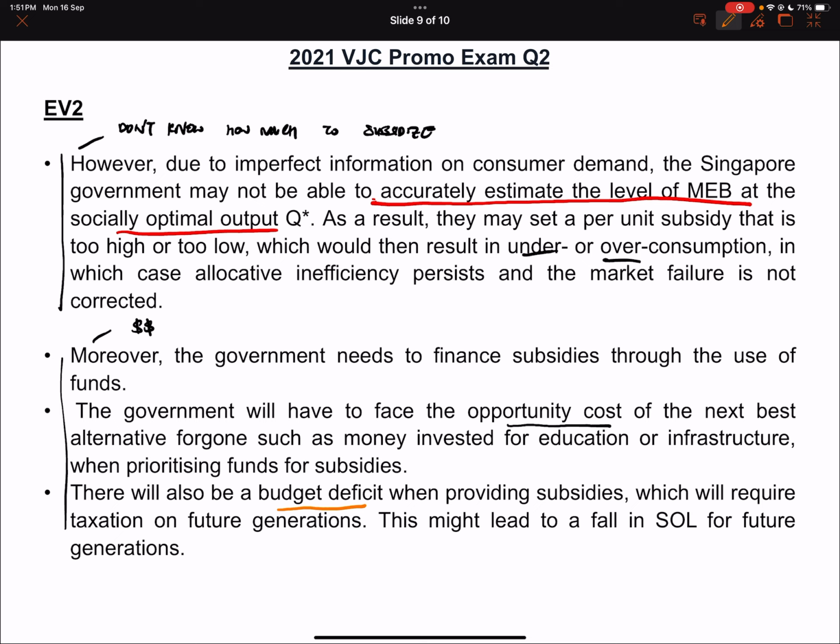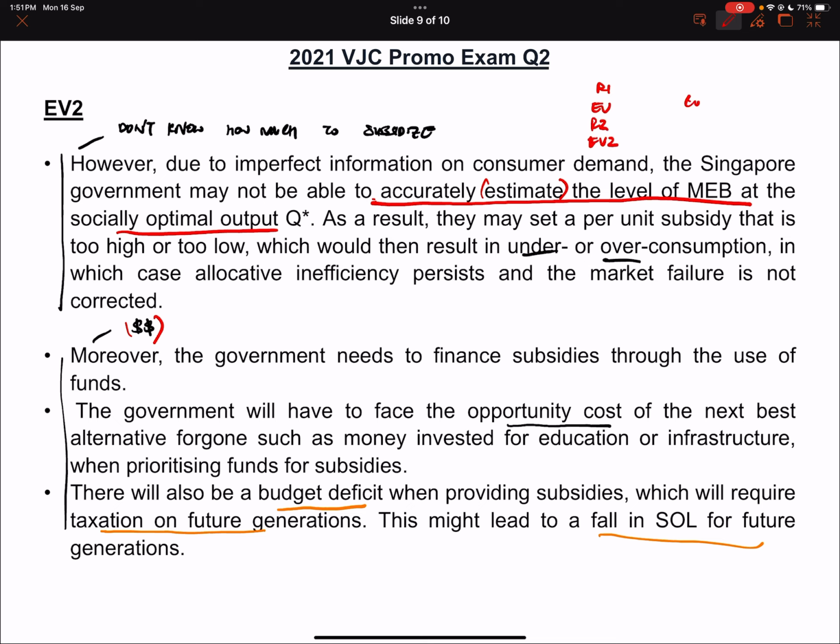So not enough means you have to tax future generations, and this will lower the standard of living for future generations. Now that you've learned standard of living, you can write this down as well. Just remember: difficult to estimate, money. So we've done R1, EV1, R2, EV2.